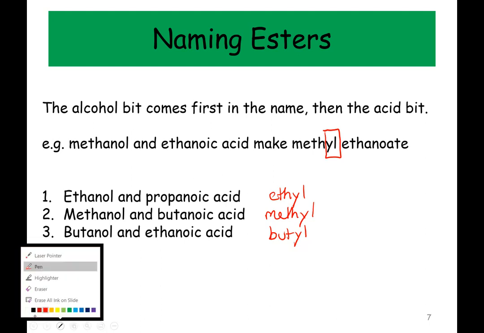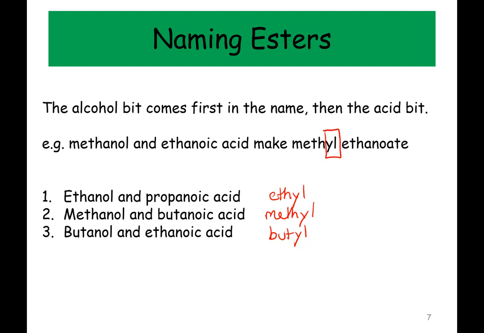The second part of the name comes from the acid, and it will always end in -oate. So if you're using propanoic acid, propanoate. If you're using butanoic acid, butanoate.